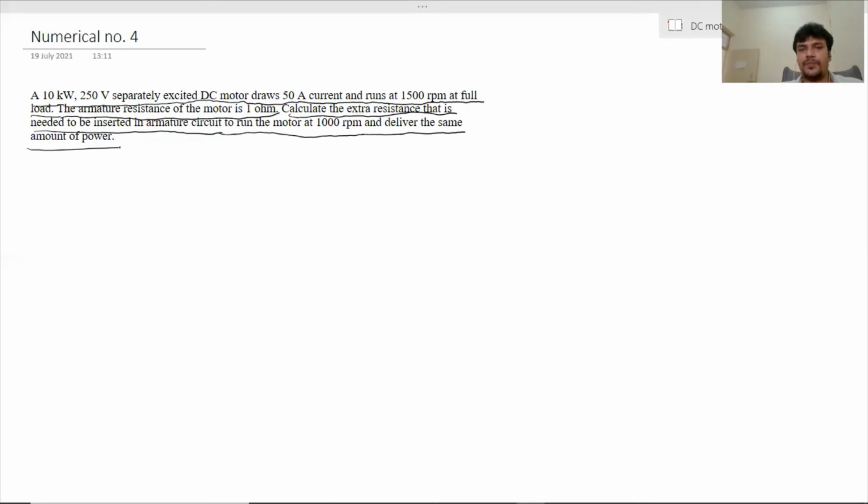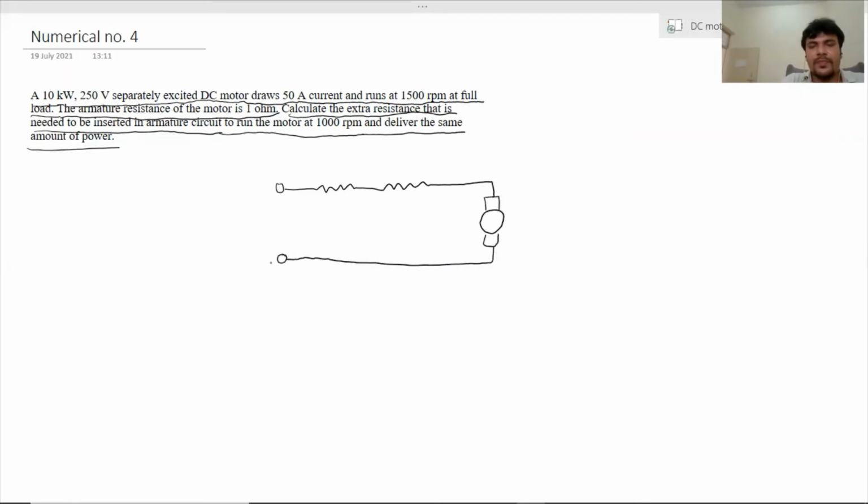Okay, so let us draw the circuit. We now have two resistances. One is armature resistance, one is external resistance. So here it is Ra and here is R external.